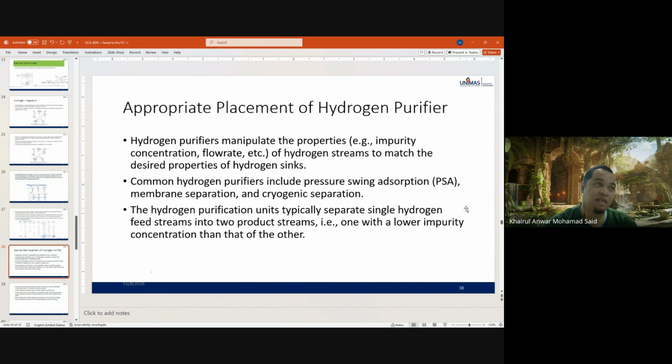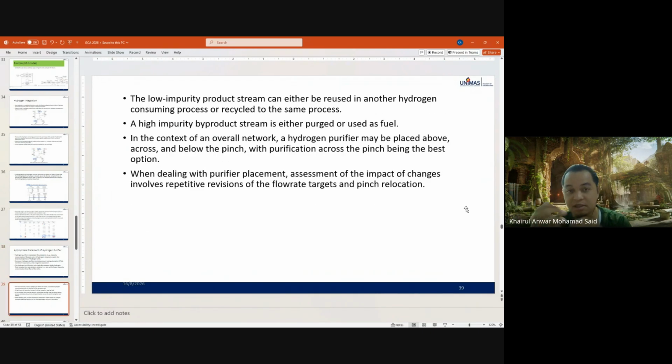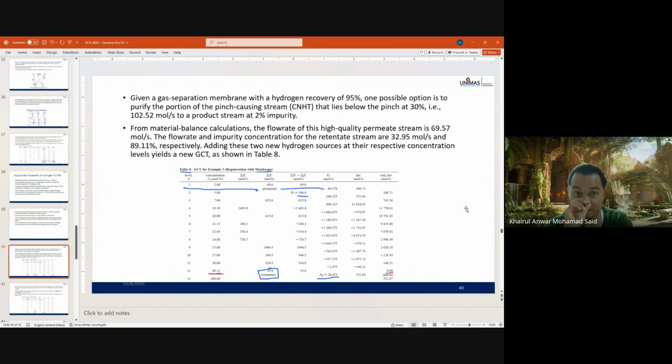Each will incur cost, of course, and each will come with different concentration, by how much it can purify the hydrogen, and how much it can treat the hydrogen per second.